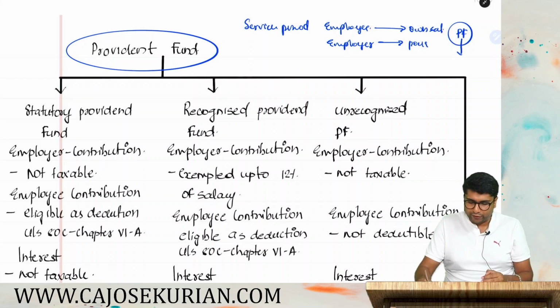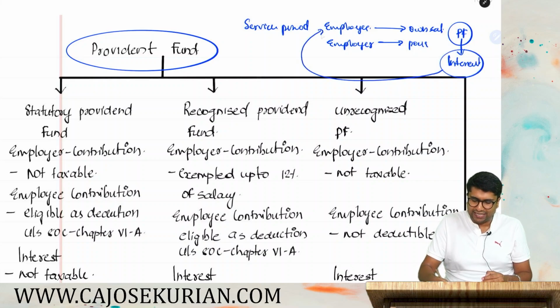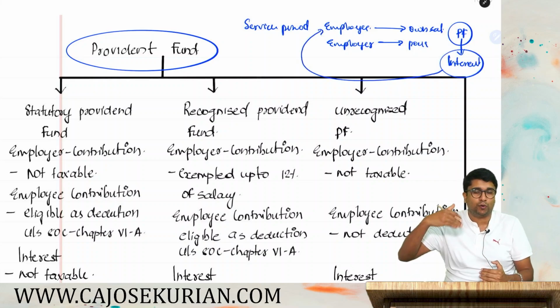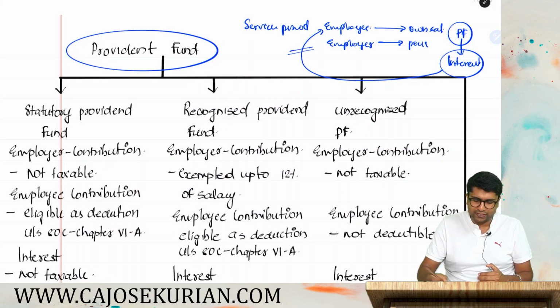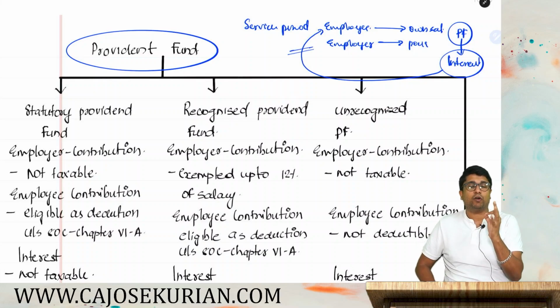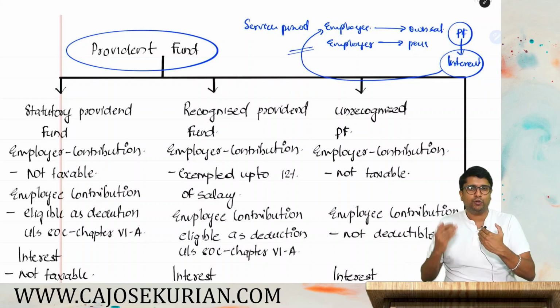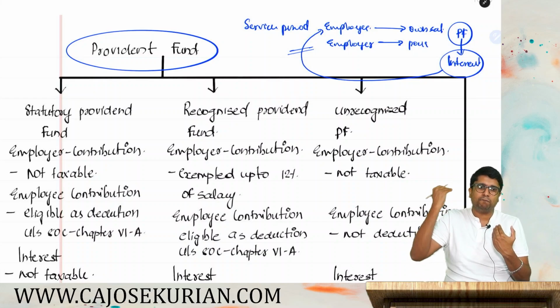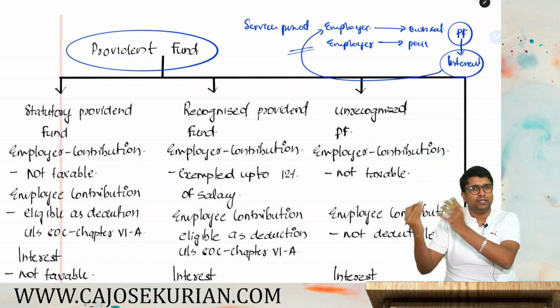In this provident fund, he will get interest as well. On retirement, the employee can withdraw the entire amount from the provident fund, including the interest. So he can make use of this lump sum amount for his after retirement life. The concept is said to be what? Provident fund, just like savings. During your period of service, both you and your employer have to contribute to that respective provident fund account.